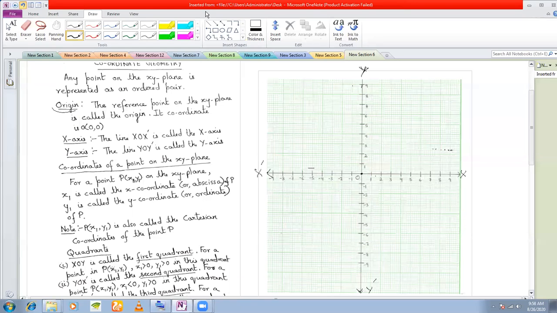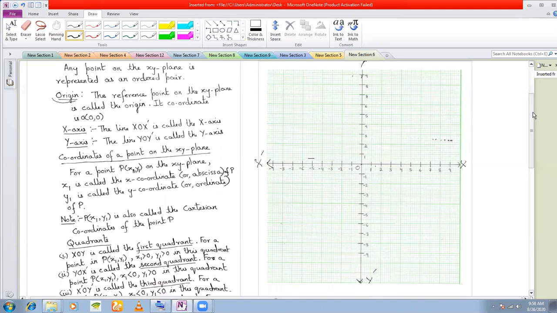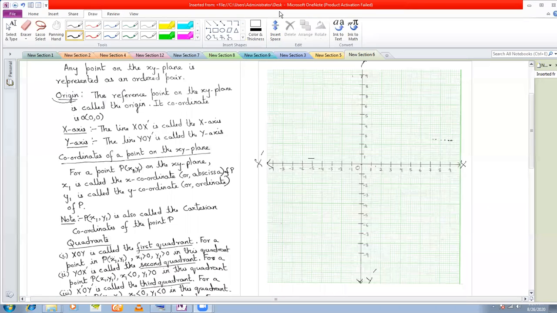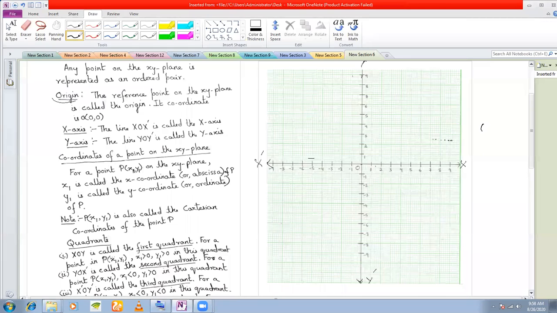Now we come to the coordinates of a point. What do you mean by coordinates of a point? In order to locate any particular point on this graph paper, we use something called an ordered pair of numbers, A, B, or let's say X, Y. This is called an ordered pair.